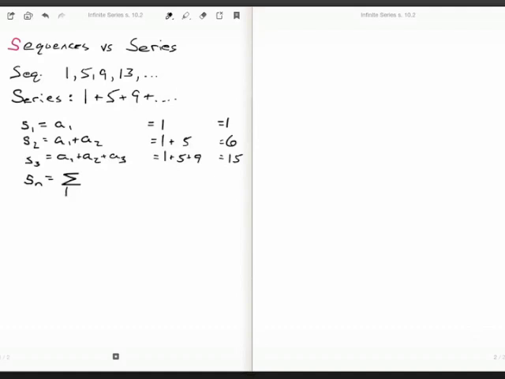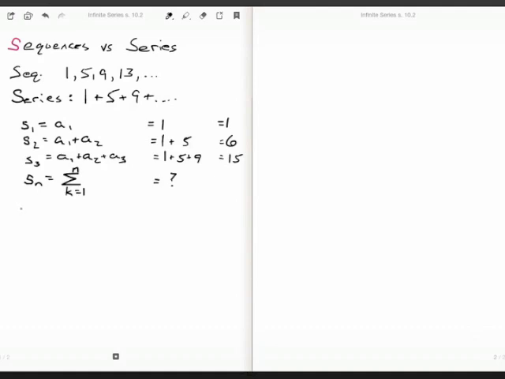And I'm going to go from k equals 1 to n, so I'm going to count up all the a sub k's all the way up here, and that's whatever that turns out to be. We don't know at this point.